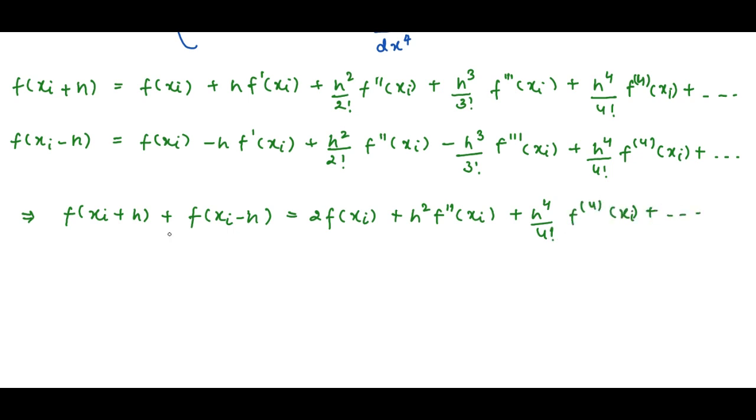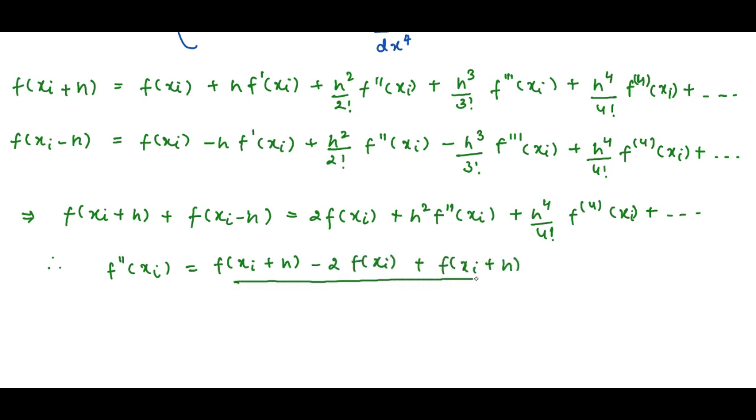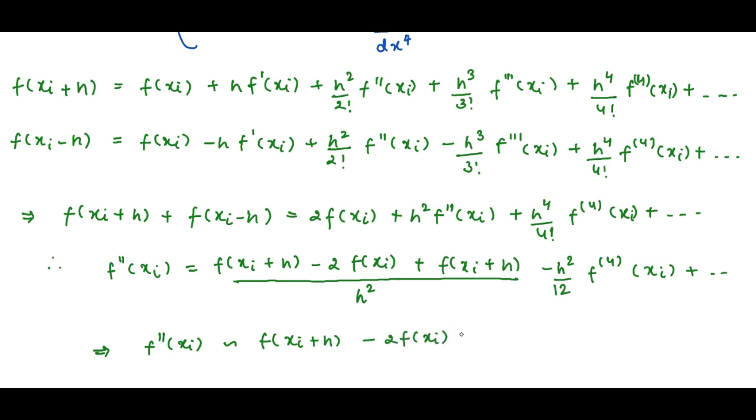Therefore, f double dash xi becomes f of xi plus h minus twice of f xi plus f xi minus h, divided by h square, minus h square by 12 f4 xi and so on. Ignoring the higher order terms, f double dash xi is approximately f xi plus h minus twice of f xi plus f xi minus h divided by h square. And this is the central difference formula for the second derivative.